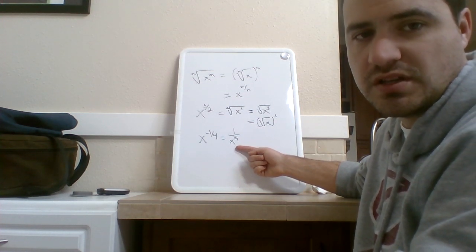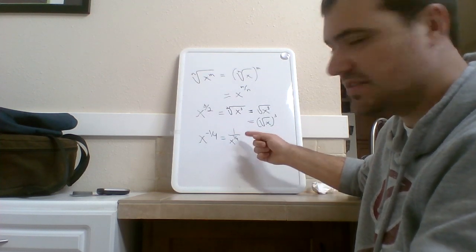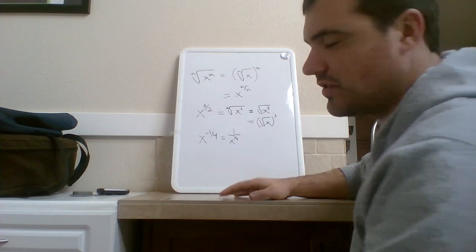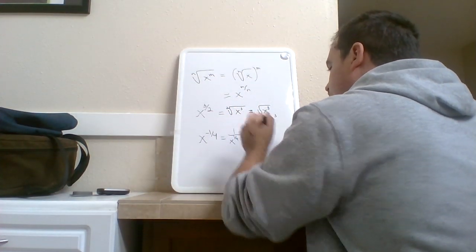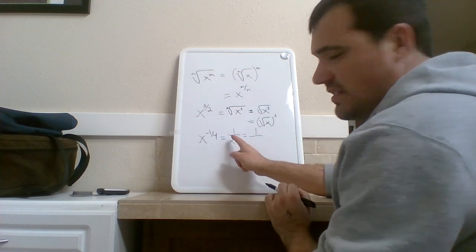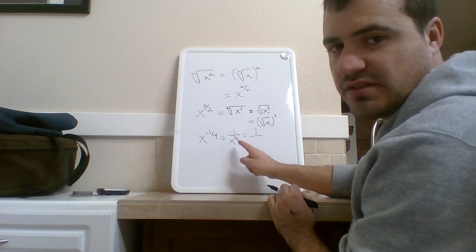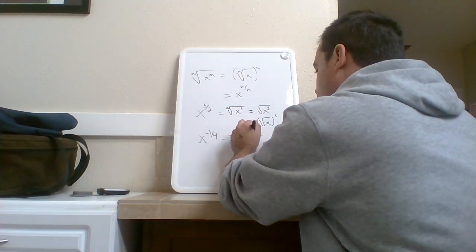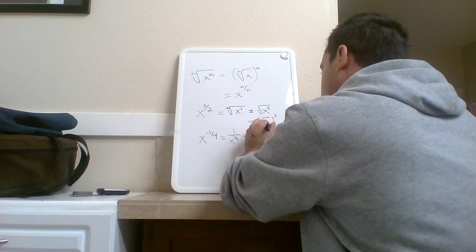Okay. Now what we want to do is take that and write that in root form. So we're going to write this as 1 over. Now again, the numerator here is 1, the denominator is 4, so that 1 becomes our exponent and that 4 becomes our root. So I have 1 over the 4th root of x to the 1st.